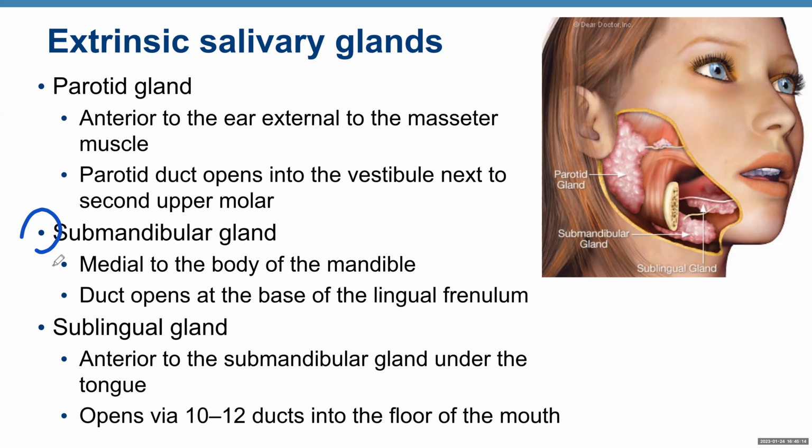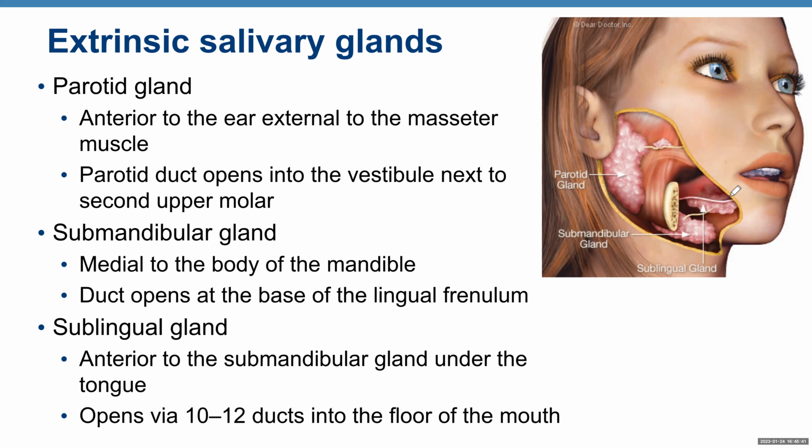Then the submandibular gland is medial to the body of the mandible. So it's located right here. Its duct opens at the base of the lingual frenulum. If you open your mouth and lift your tongue, you will see a little fold holding your tongue to the floor of the oral cavity.